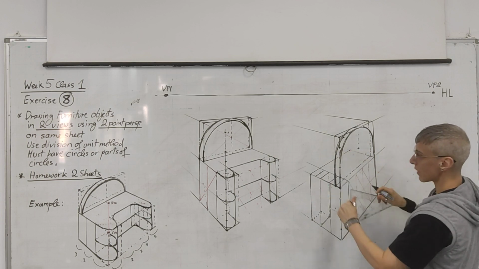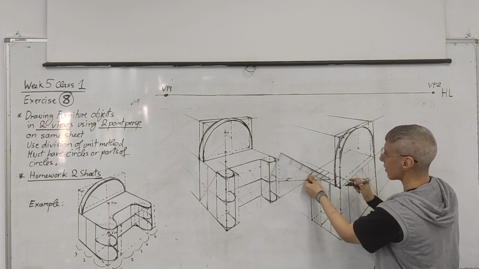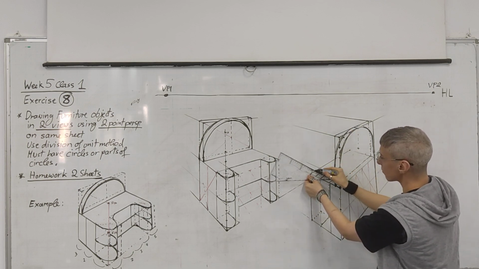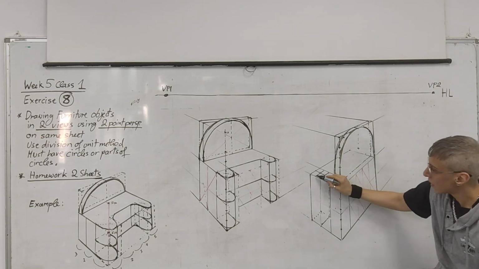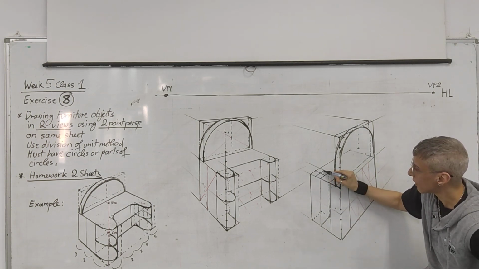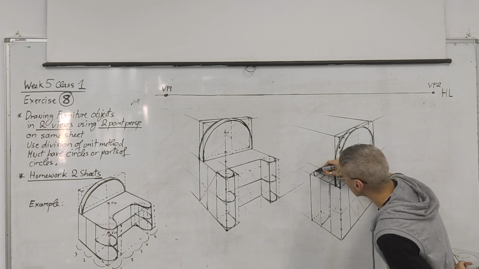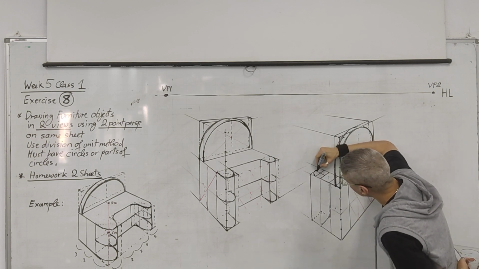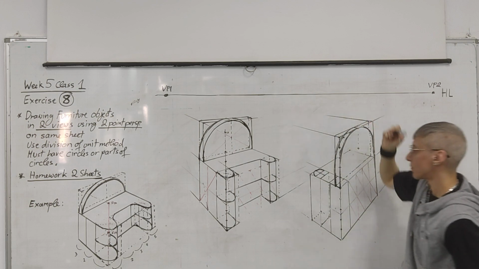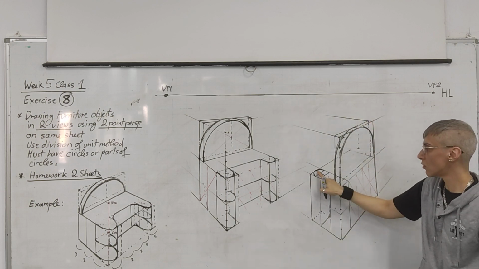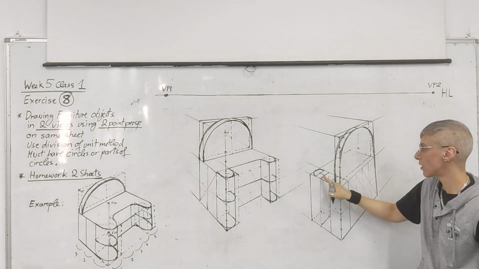This line and this line that goes to that vanishing point. Okay. Now we have 1, 2, 3 points. Now we can draw the object inside. Okay? Now all of this construction here.